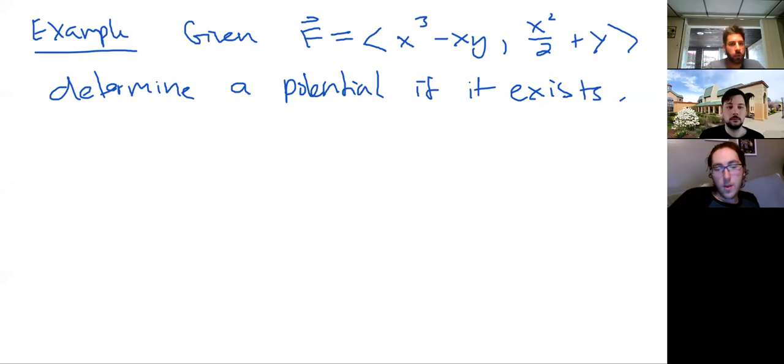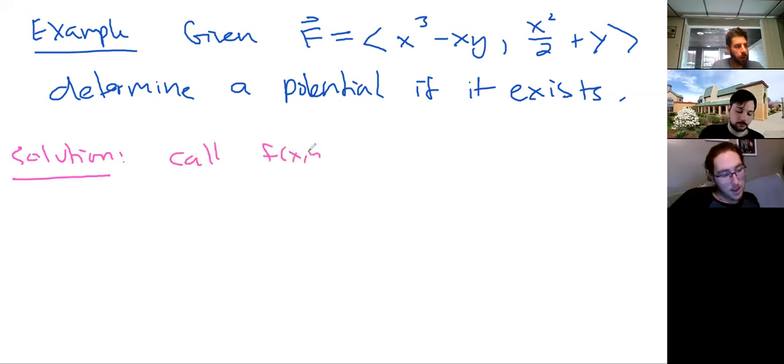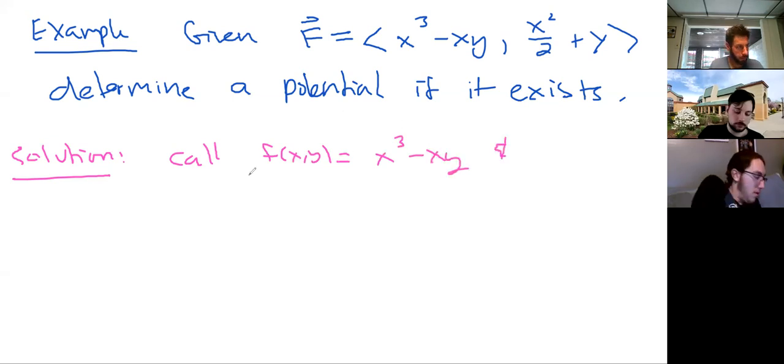So here's what I'm going to do, and this is sort of how you have to think about this. Let's call this the solution. So I'm going to call F of x, y this piece. Oh, excuse me. And call G the second piece.